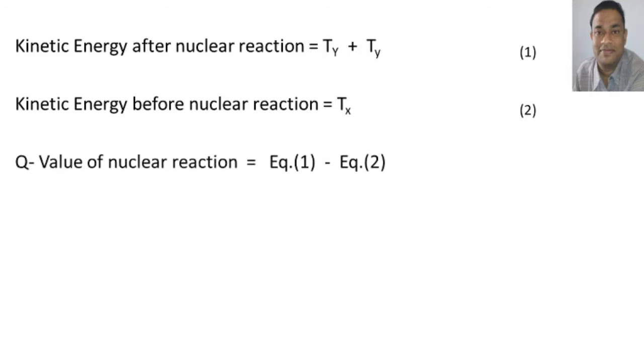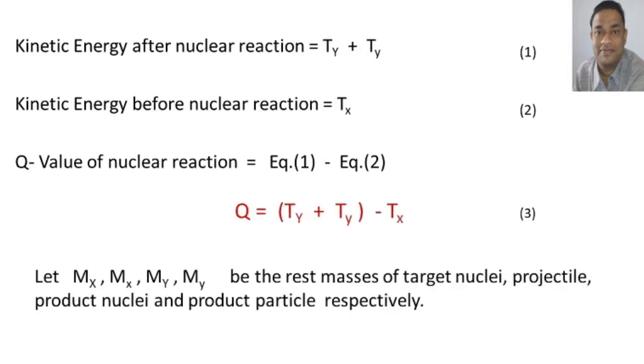Now the Q value, according to definition, the Q value of nuclear reaction is the difference between kinetic energy after the nuclear reaction and kinetic energy before the nuclear reaction. So equation 1 minus equation 2, we can get the Q value of the nuclear reaction, and it is given by equation number 3.